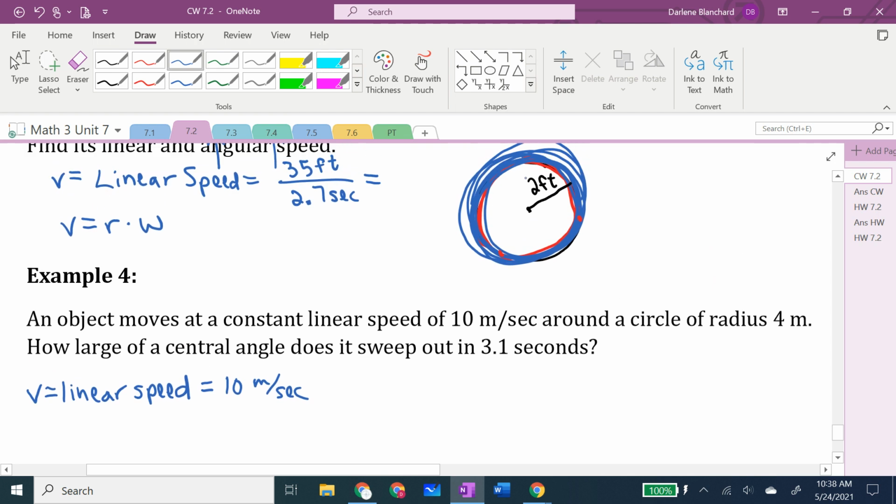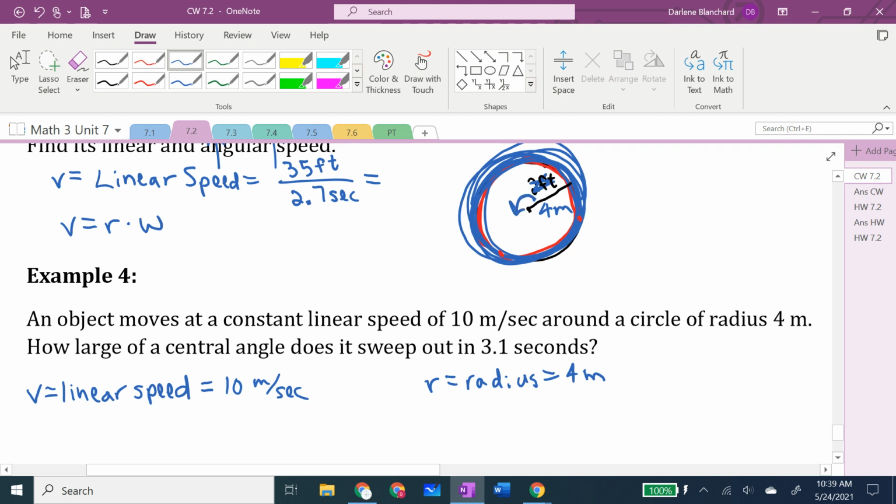Now the circle I'm traveling along has a radius of 4 meters. Well, that gives me my radius. And this is asking how large of a central angle is it going to sweep out in 3.1 seconds.